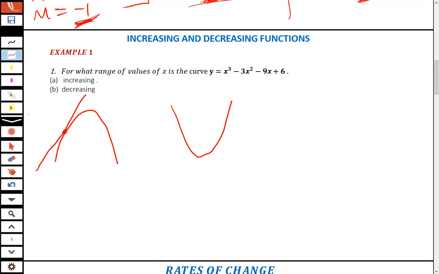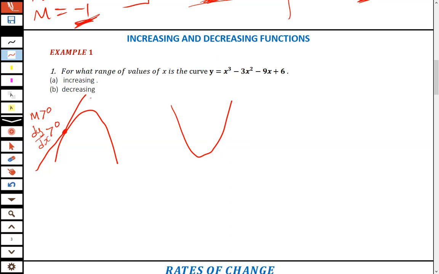In other words, m is positive, so m is greater than 0. According to calculus, m is found by dy dx, so dy dx is greater than 0.